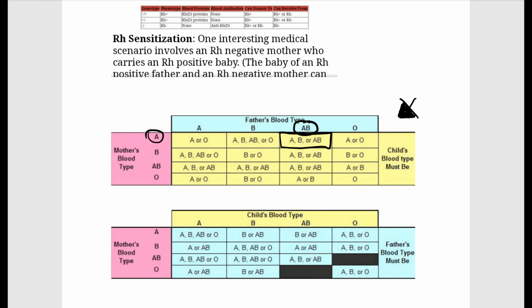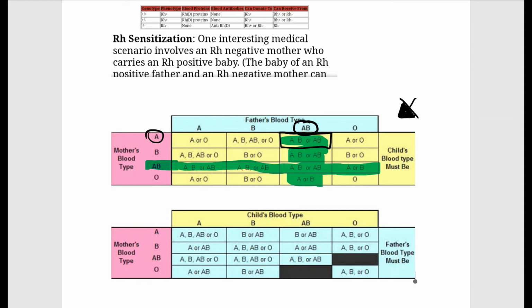So it's fairly simple. We're going to outline this right now. If we look through this line, including this line, there is no O blood type being produced. Why do you think that?